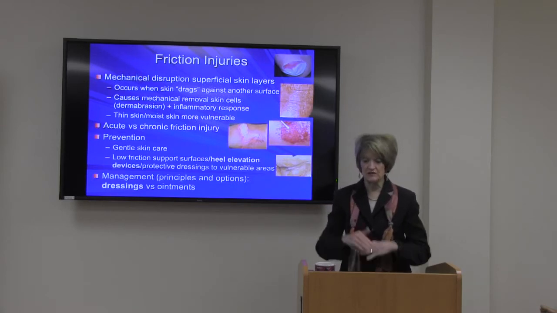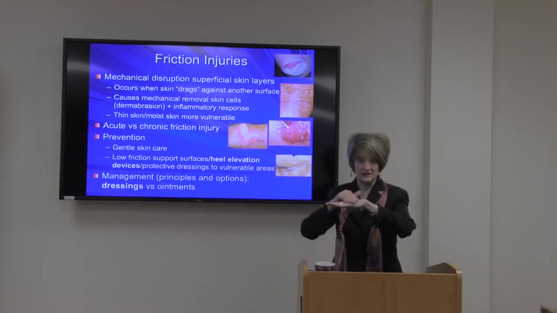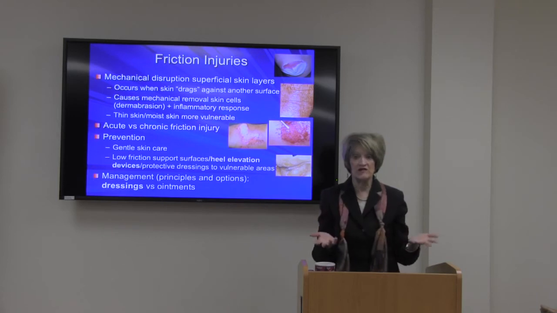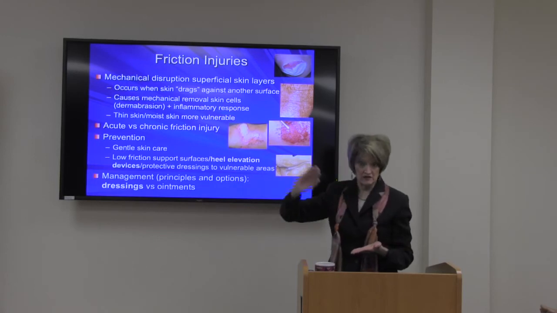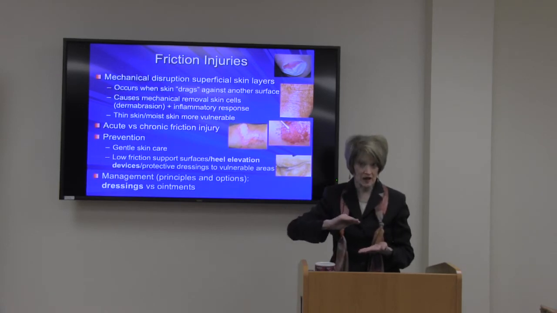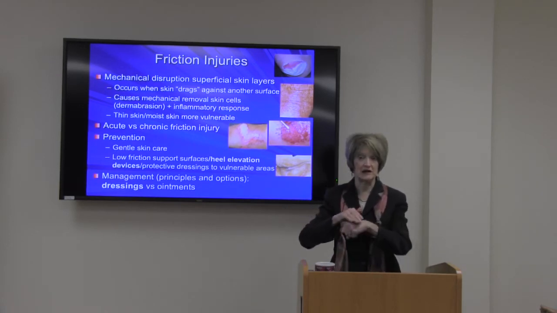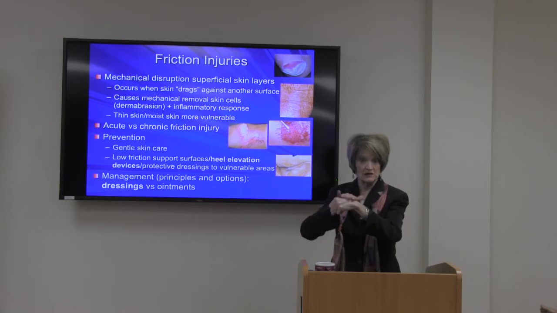What is friction? Friction is literally sanding force against the skin. So if you've ever refinished a piece of furniture or painted a wall and you've first taken sandpaper and taken off the existing finish or the current paint layer, one layer at a time, that's how friction causes damage. It's constantly rubbing against the skin surface, taking off skin layers one layer at a time.